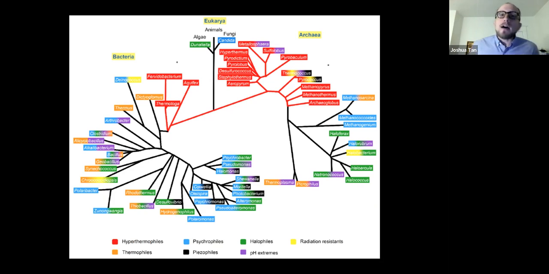And extremophiles are really important things for us to understand and study, because extremophiles are exactly the sorts of living things that might be discovered outside of the Earth, where the environments are different from the environments we see here on Earth.